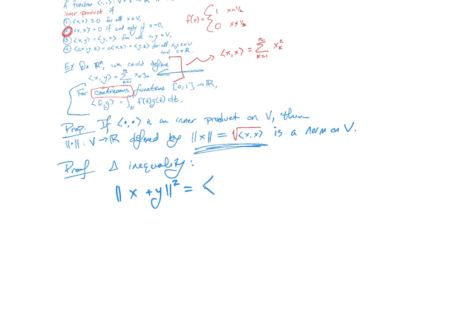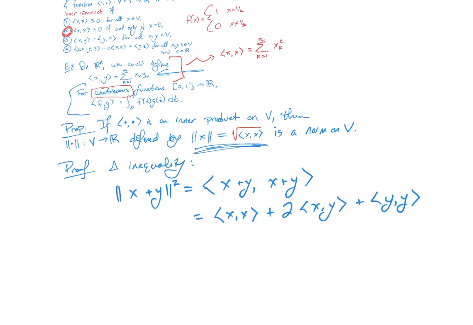Once we square it, by definition, it is the inner product of x plus y with itself. Now, we can use linearity and symmetry, and what we'll get is that this is x with itself plus 2 times x with y plus y with itself. Okay?